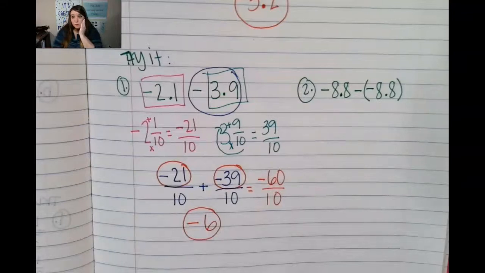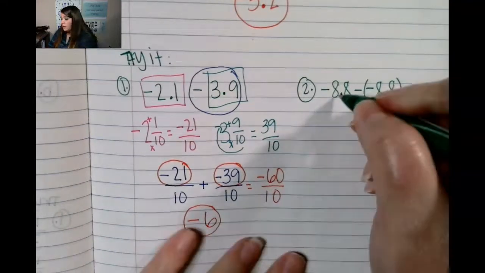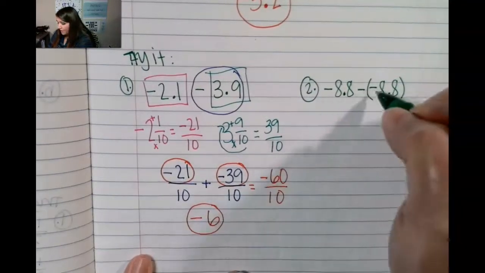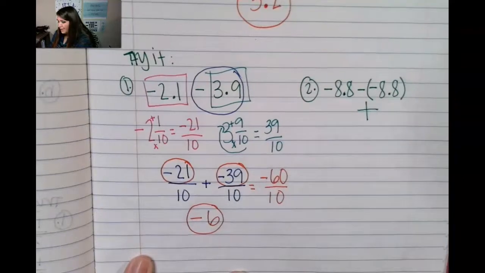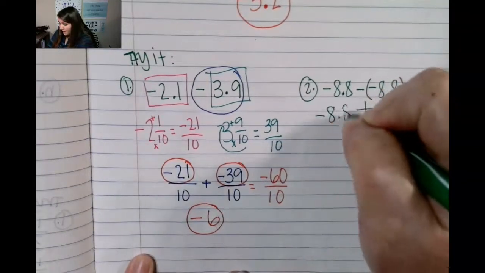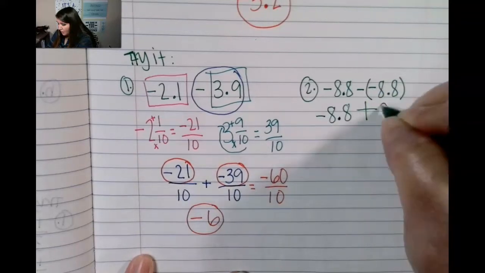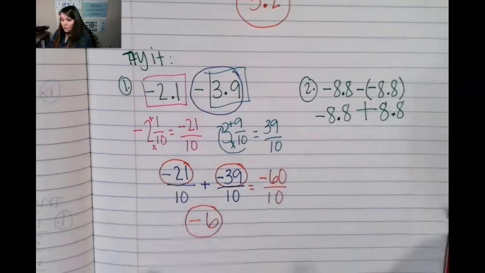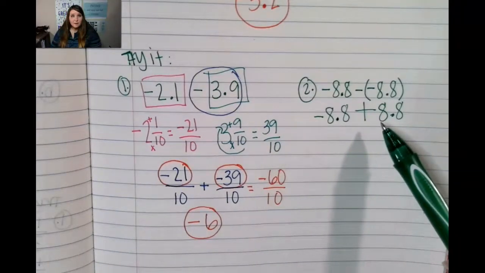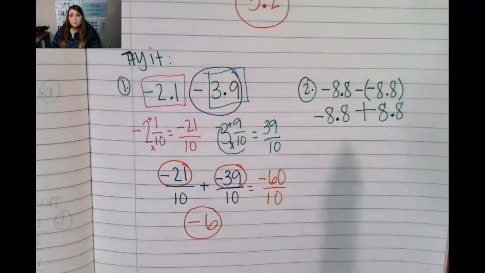This problem you don't even need to convert into fractions. And here's why. Let me show you. I have negative 8.8 and I have this. If I add the opposite, I'm doing that big giant plus sign. So I have negative 8.8, and I add on to that a positive 8.8. Well, if I had negative 8 and I add positive 8, I'm going to have 0. It's the same thing with those decimals.